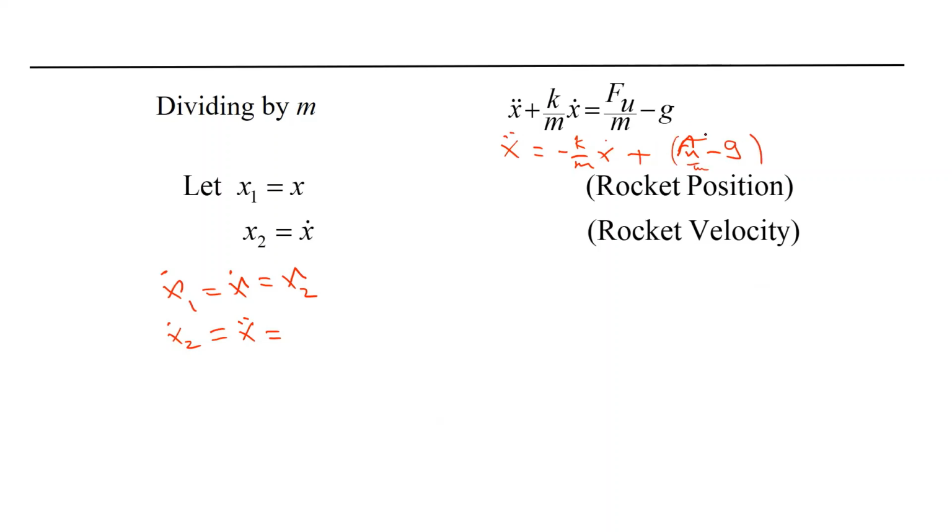Substituting, this is equal to minus k over m, and x dot is what? x2.